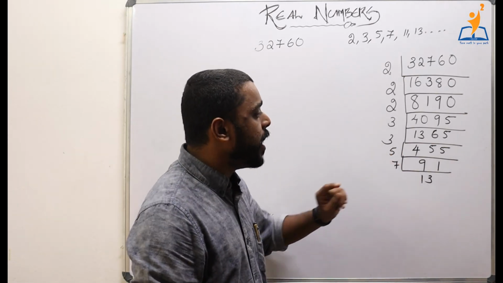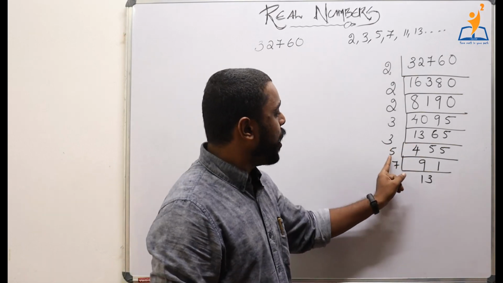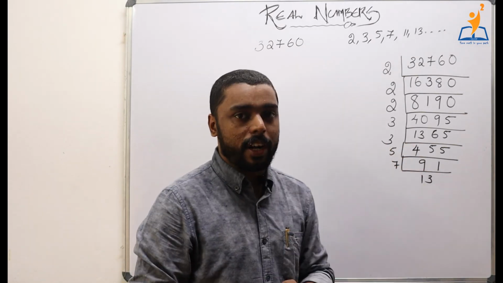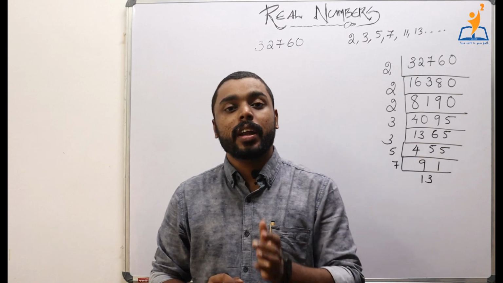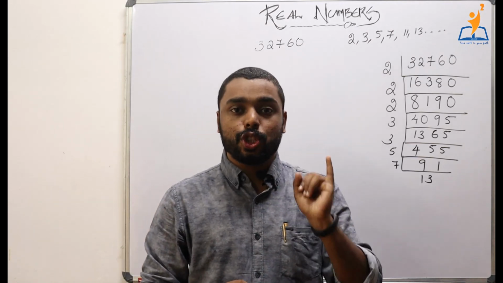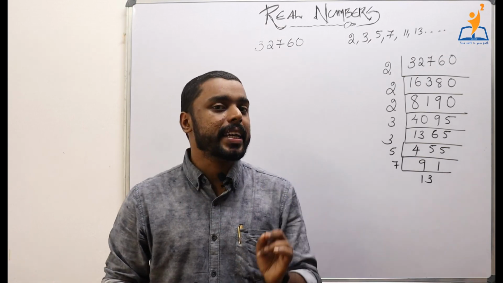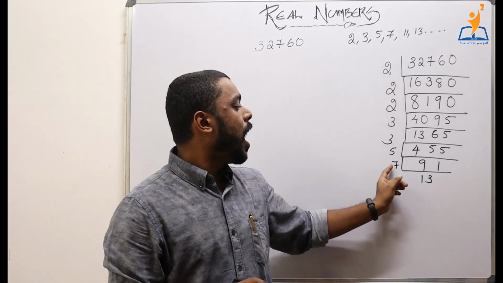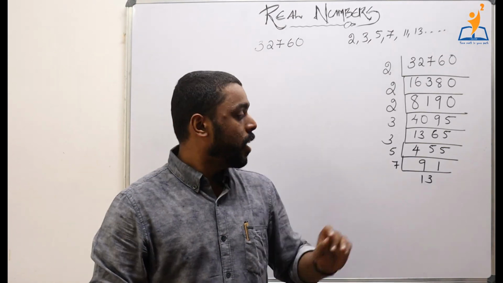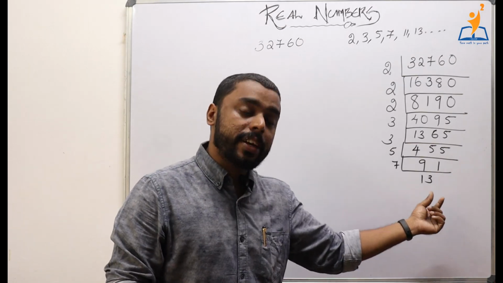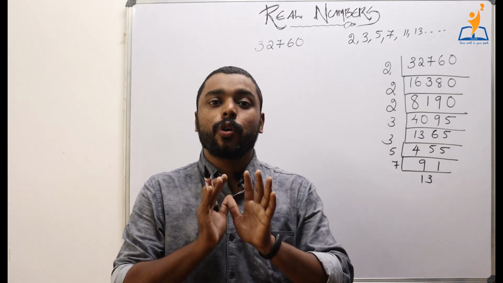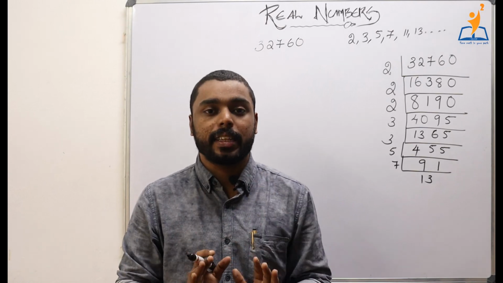So when we divide 455 by 5, it will result in 91. But 91 is not divisible by 2 or 3 or 5, but it is divisible by the next prime number, which is 7, and it results in 13. Of course 13 itself is a prime number, so we stop our division there.